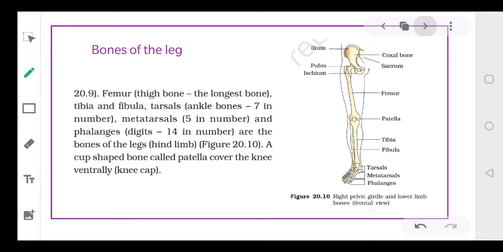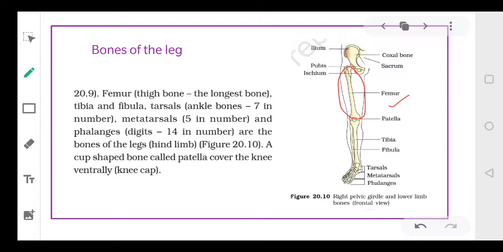Okay. Now coming to the bones of your leg. अब हम देखते हैं आपके legs में कितनी bones हैं. Clear? How many bones in your legs? So the first bone is the femur bone. This is the femur bone. This is the first. And this femur is the largest bone, right?